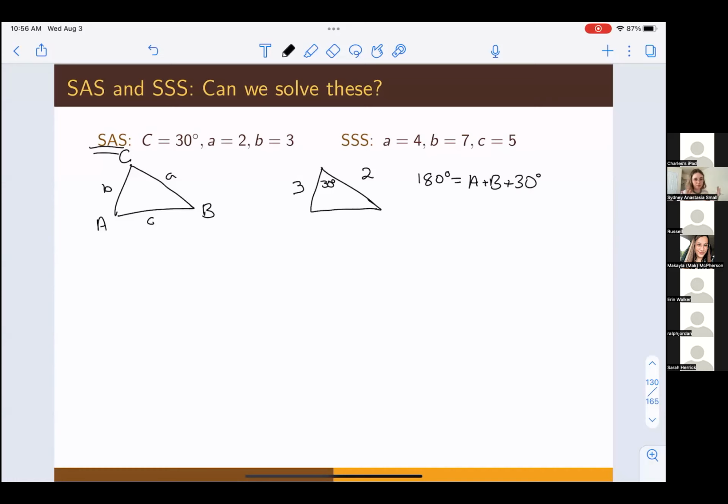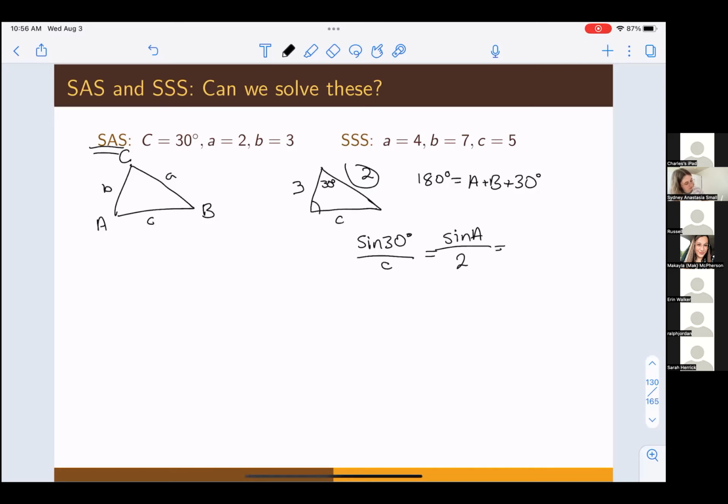So that's a no-go. What about the law of sines? Well, the only angle we know is the 30-degree angle. So let's try, and its opposing side is C. So I know that the sine of 30 degrees over C is equal to, I know side A, but I don't know its opposing angle, so that would just be sine of A over 2.